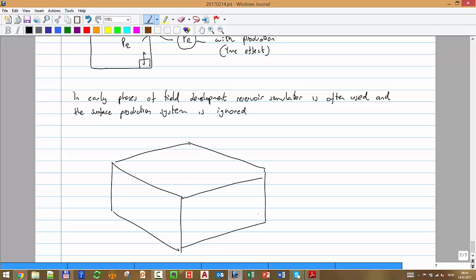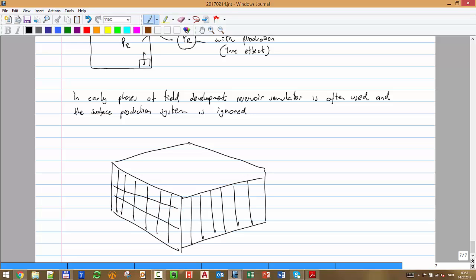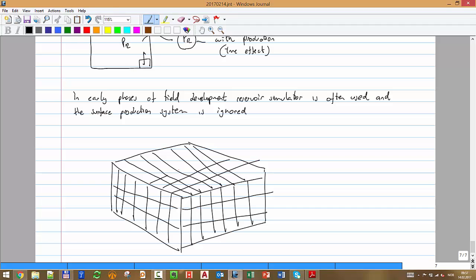Imagine that we have a slab representing a reservoir. We have to discretize it to capture the change in properties. Each cell here might have different porosity, different permeability, different saturation, but I have to populate and provide values for each one of the cells.